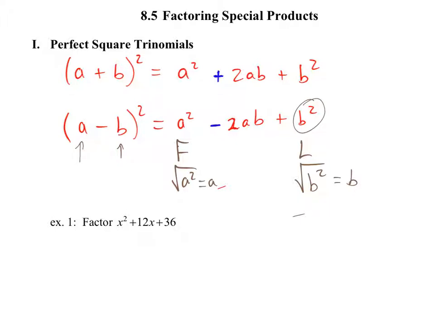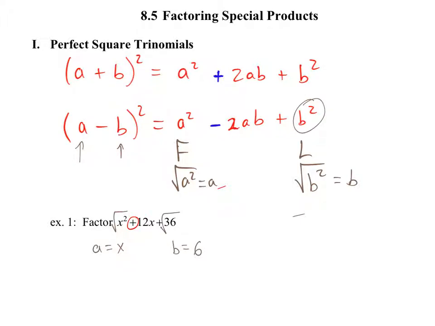So let's say I want to find a. Do you agree a is going to be the square root of that? So a is just going to be x, right? If I want to find b, I square root the 36. So b has to be 6. Now, because this is plus 12x, do you agree we're talking about this top one here?